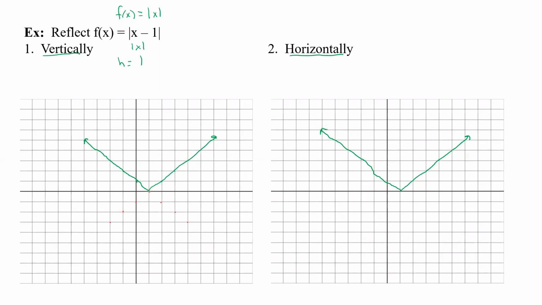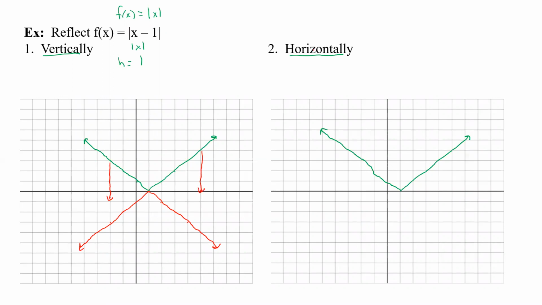And so now, oops, we can't draw a straight line. So now we have the graph reflected vertically looking something like that. Okay, so it's a vertical reflection. So we moved everything down is what we did.